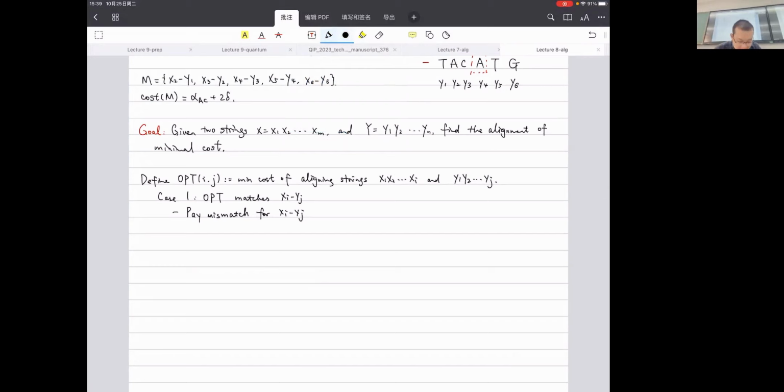But nevertheless, in general, if OPT matches xi and yj, you're always going to pay the mismatch penalty for xi and yj, and after that, it is going to be the min cost of aligning x1, x2 until xi minus 1, and also y1, y2 until yj minus 1.